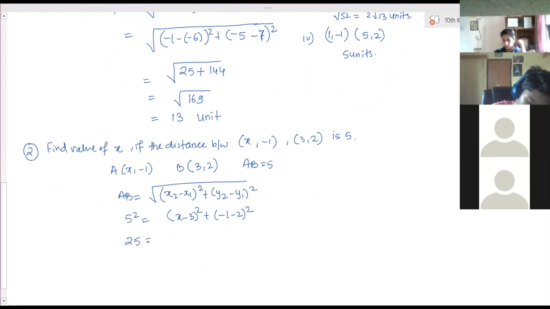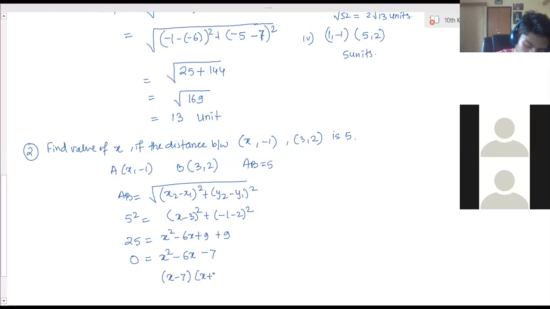So this is 25 is equal to x square minus 6x plus 9, minus 3 square is plus 9. 9 plus 9, 18. 0 is equal to x square minus 6x plus 18 minus 25, which is minus 7. And then this is a quadratic equation. We have to solve the quadratic equation. Minus 7 is the product. So x minus 7 and x plus 1 is equal to 0.